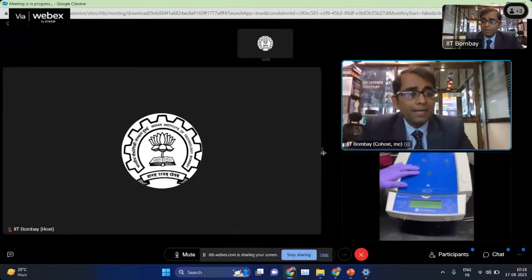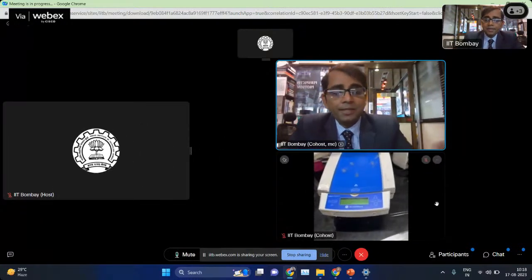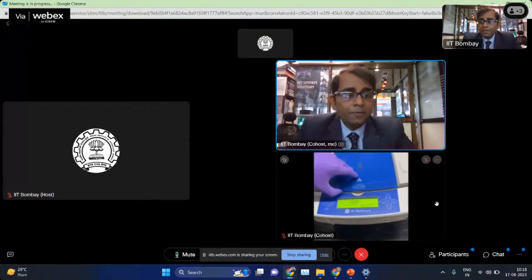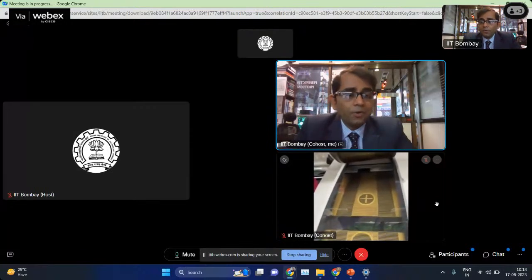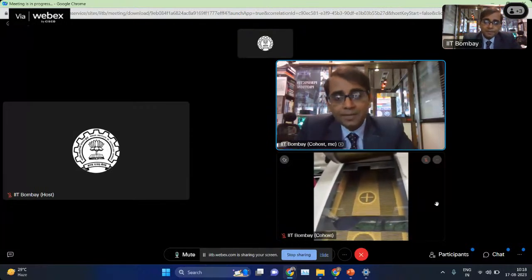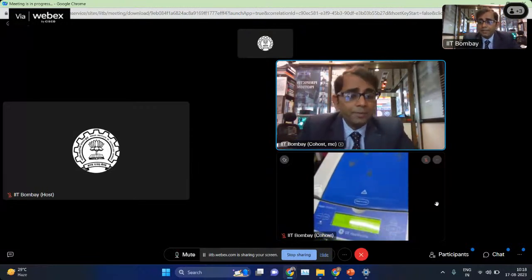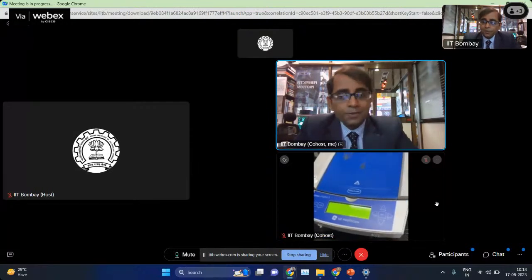There are different commercial makes of it, but this particular unit is able to prevent the light. So it is able to provide you a light-sensitive environment, which is quite important not for 2D but mainly for DIGE experiments when you want to do fluorescent-based work. So this setup is required for the first dimension separation of the isoelectric focusing.